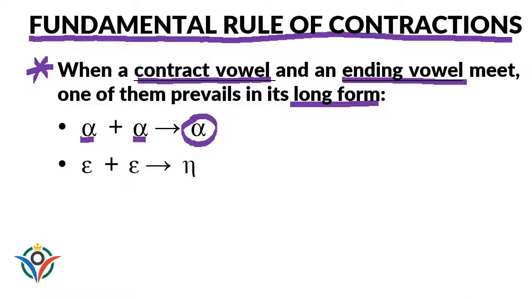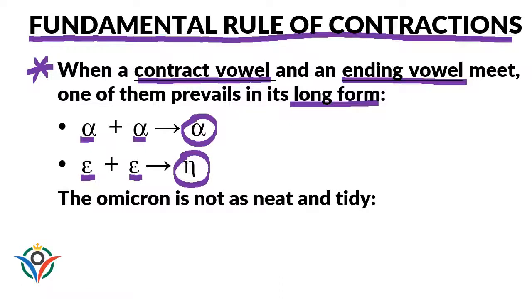The second example, when you have a contract vowel, which is an epsilon, and it meets its counterpart, also an epsilon, it then prevails in its long form, which is an eta. This is why you need to know your vowels, and you need to know which ones are short and which ones are long.